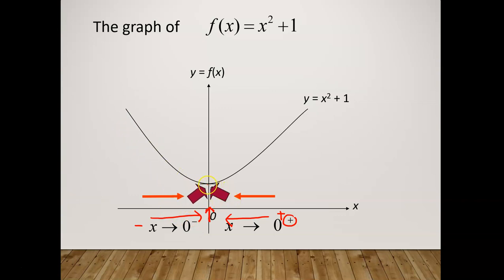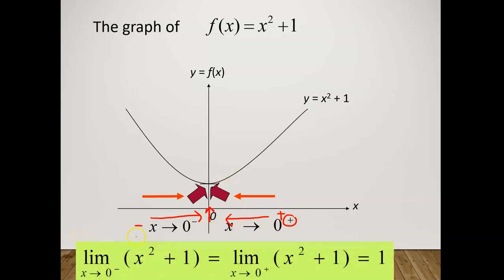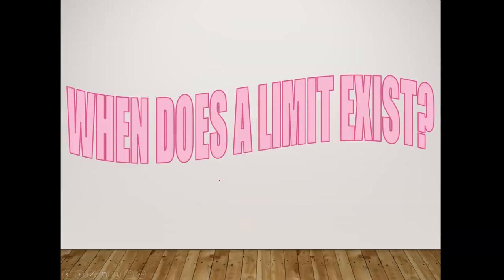So we can say here, when x is approaching 0 from the negative and right side, f(x) is approaching 1. So we can say limit of x squared plus 1 when x approaches 0 negative equals when x approaches 0 positive, and it equals 1, one value. Understand?